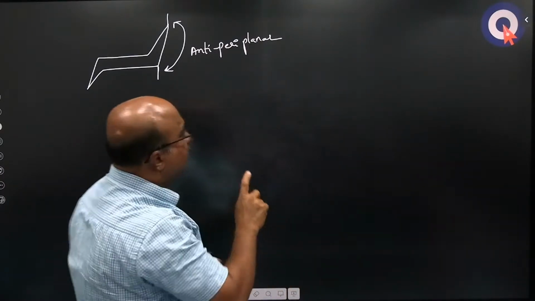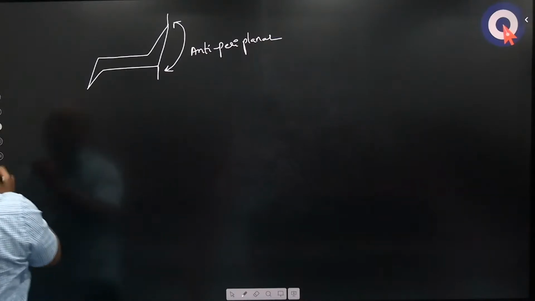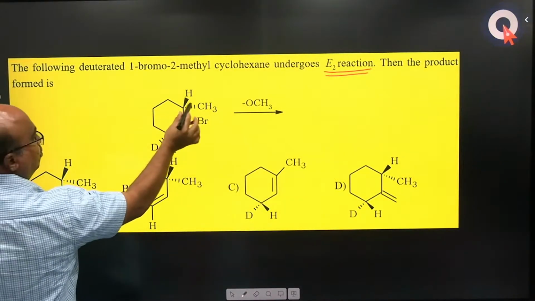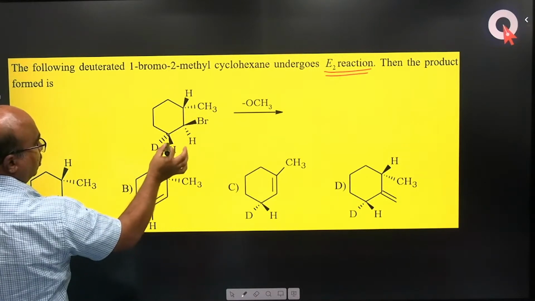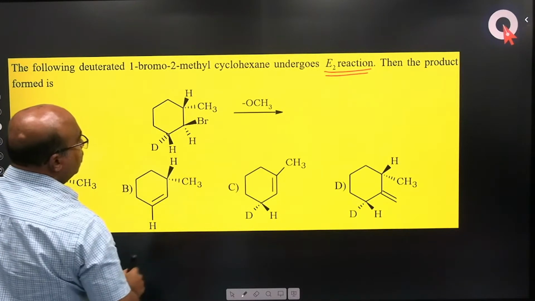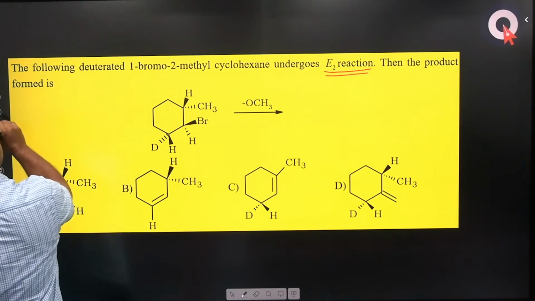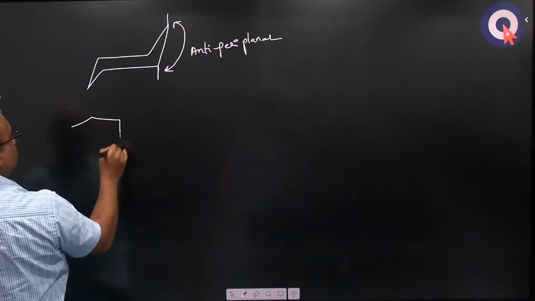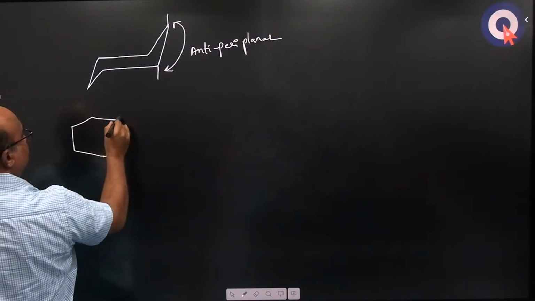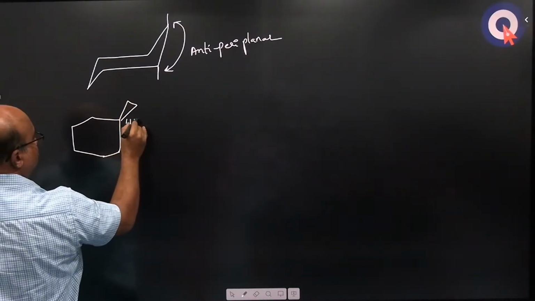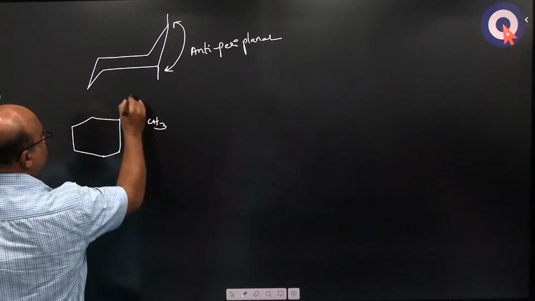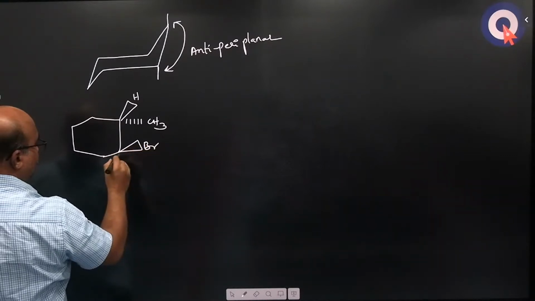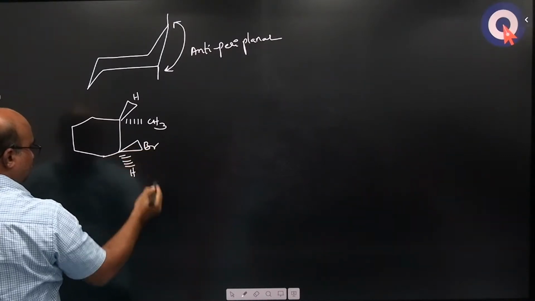So when we try to represent that structure, what is the structure that we had? Let us see. H, CH3, Br, H, D and H. So this is what we had. H is above, CH3 is below here. Here Br is above, I think. Hydrogen is below. We will change it if it is not the same.